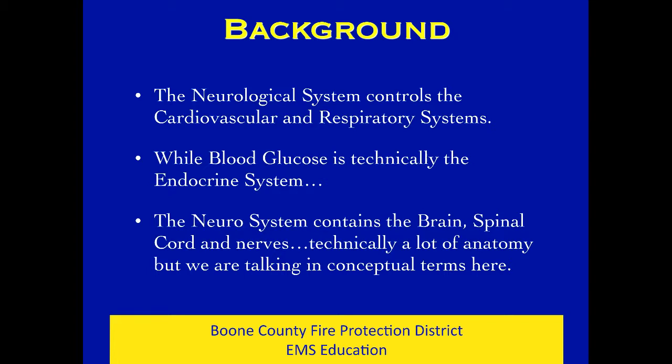It has no ability to store either of those, and so they have to be delivered just in time for consumption in order to make energy so that cells all over the body, but particularly in the brain, can do their thing. And so if we're going to talk about functioning of the neurosystem, we need to make sure that blood glucose is included in that.